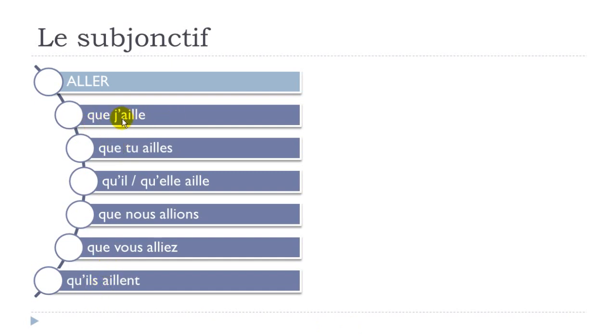Listen to me: que j'aille, que tu ailles, qu'il aille, qu'elle aille, que nous, and that's the difference here, allions, okay? Que vous alliez. I don't make the liaison just for you to listen carefully, but if you want to make the liaison, que vous alliez. And then qu'ils aillent, and the feminine form, qu'elles aillent.